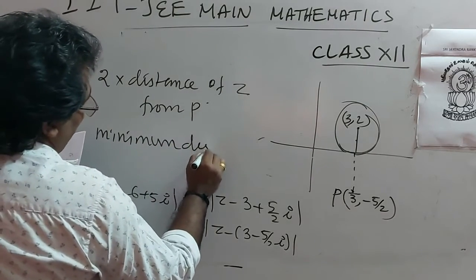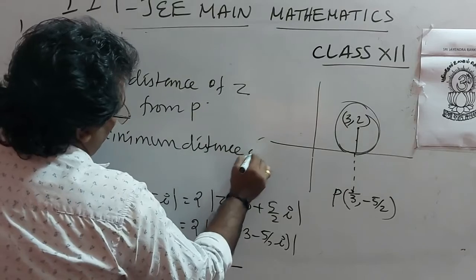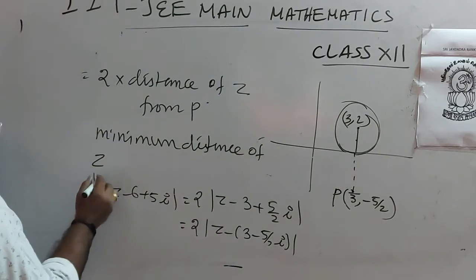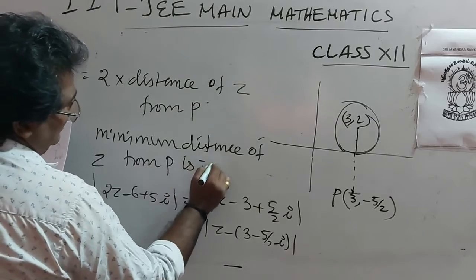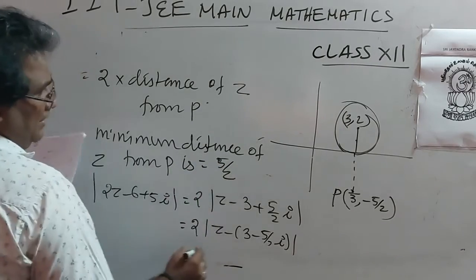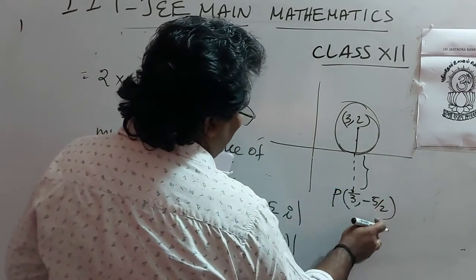The minimum distance of Z from P is, this is the minimum distance, 5 by 2.